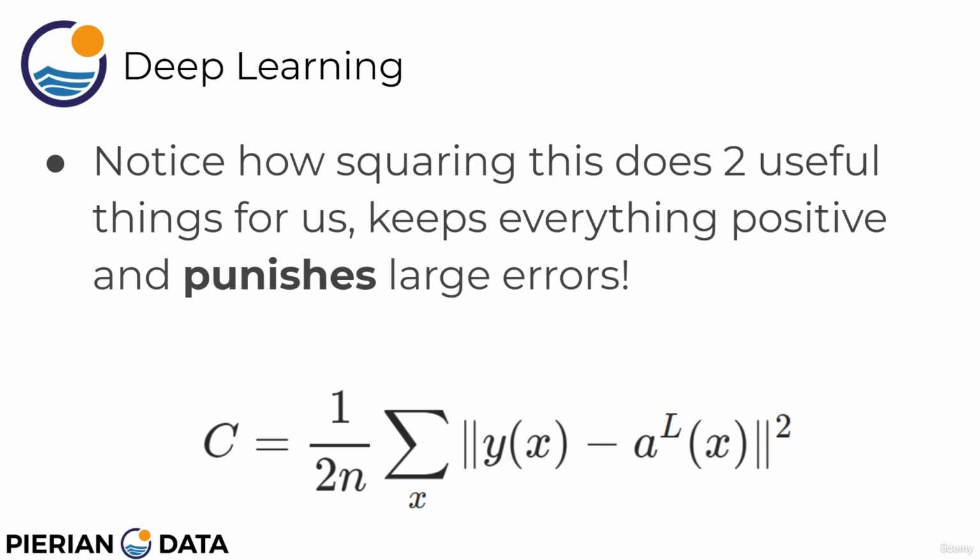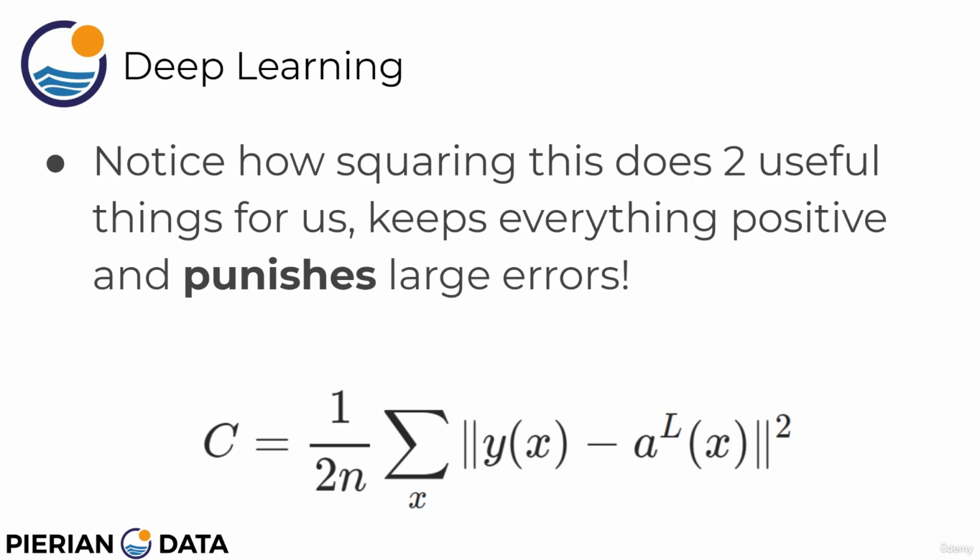The other and much more important thing it does is punish really large errors. Sometimes you have some data points that you're going to be really off on, and if you square that error, it grows exponentially in terms of your cost. So maybe you're off by $10 in whatever units you're trying to measure, but your cost is going to report that in units squared.